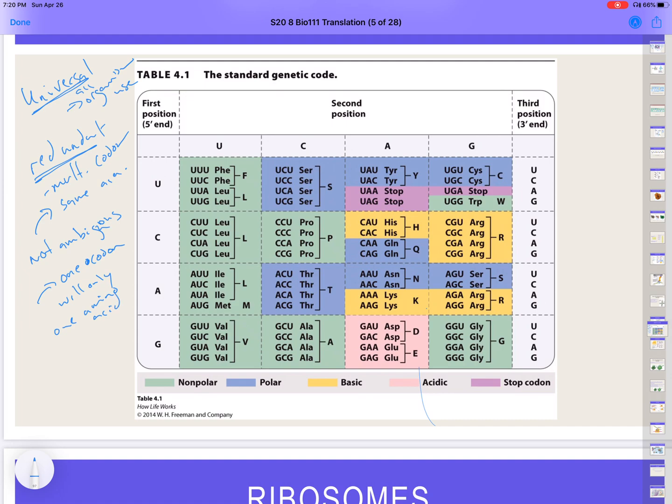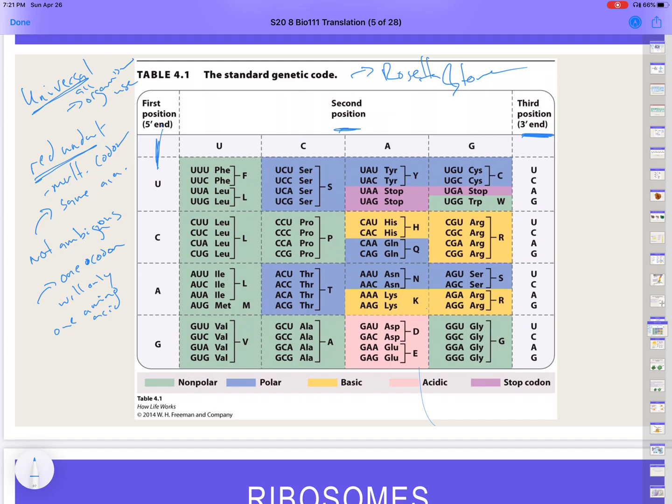Okay, and this is the so-called Rosetta Stone, or the actual genetic code, right? And so looking at this, this is first position, second position, third position. So if we see a nucleic acid sequence, we always know exactly what the codes are going to be.